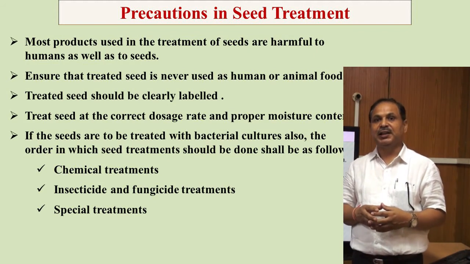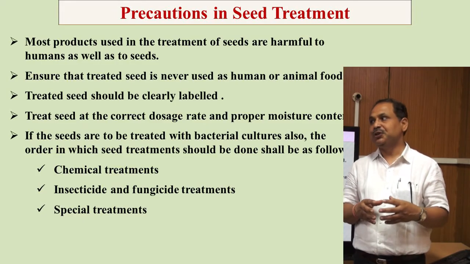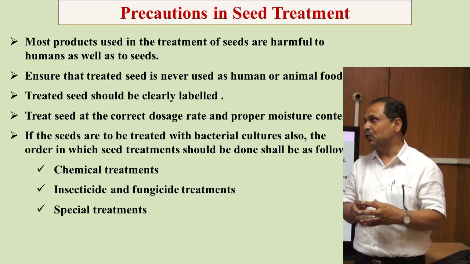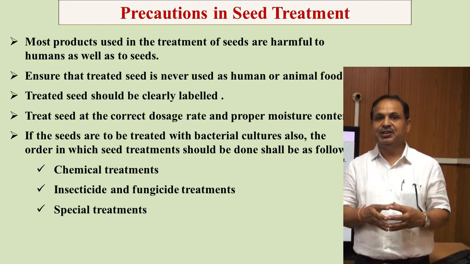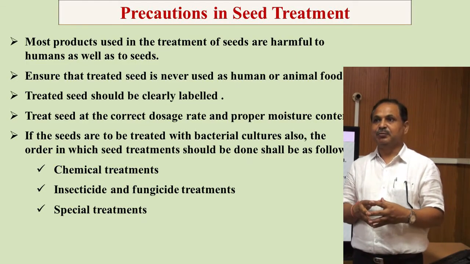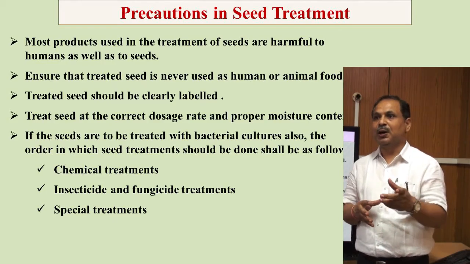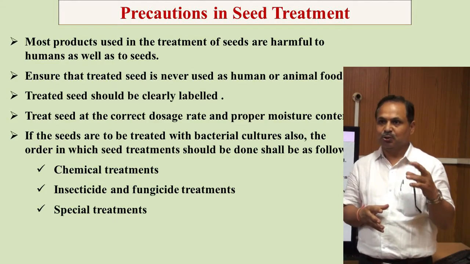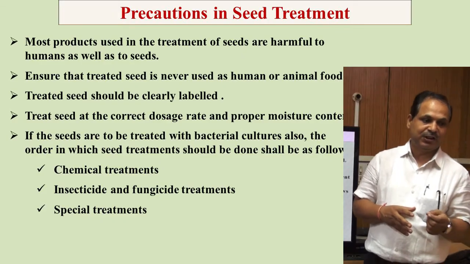Always we have to take care that the dose of chemicals and the seed must be optimum. Like if we are using 2 gram per kg of seeds, we must stick to that.